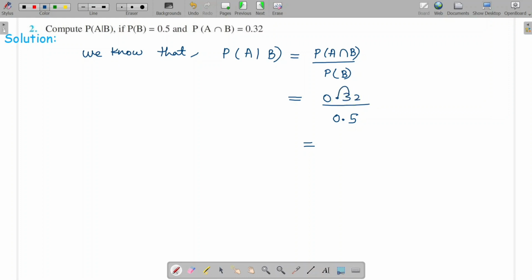In this way we have to move the decimal, so that is 32, and then in the denominator also take 2 decimal places ahead, so that means 50. So this is equal to, now 2 16s are 32, 2 25s are 50, so that is 16 by 25. Okay, so this is the answer.